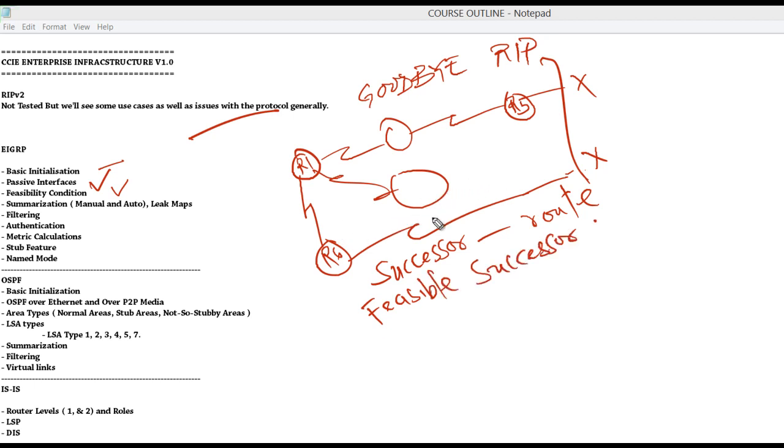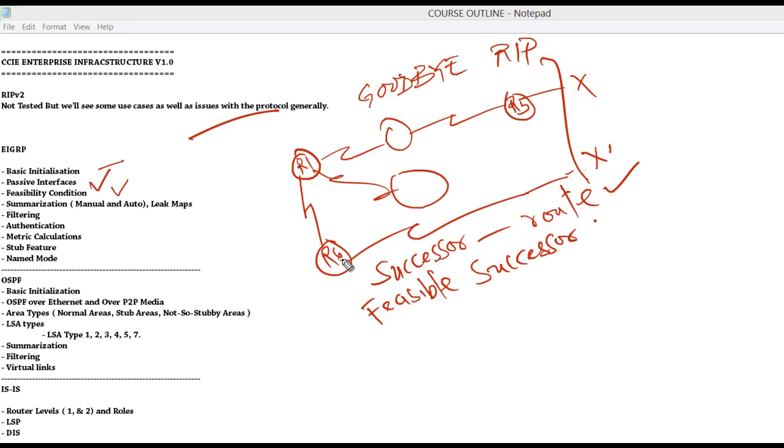What does a feasible successor route do? Let's say that R1 has picked the route via R6 to X as the best route, so that is the route that has made it to the routing table.